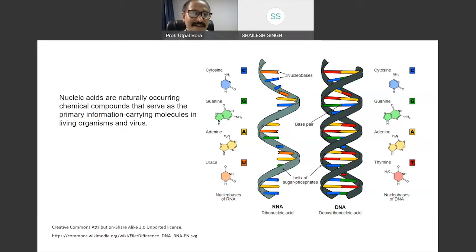And all of us know they serve as the primary information carriers in living organisms as well as virus. We are including virus as a separate entity because viruses are on the borders of living and the non-living. And you know, composition of the nucleic acids varies depending on whether it is a ribonucleic acid or a deoxyribonucleic acid, having a unique combination of these bases, particularly uracil in RNA and thymine in DNA, and the rest of the things are similar.